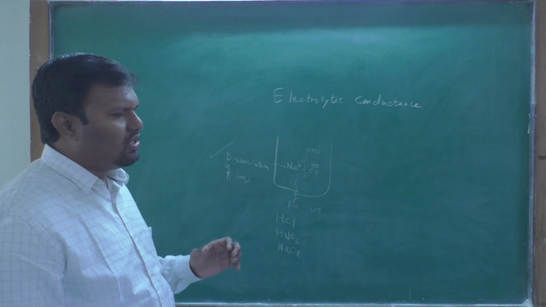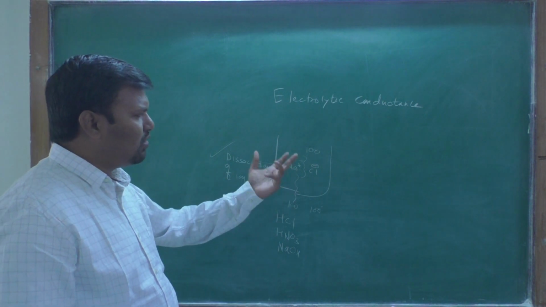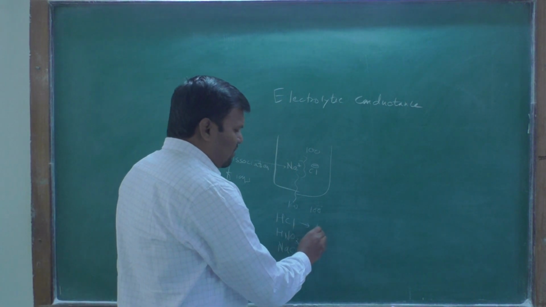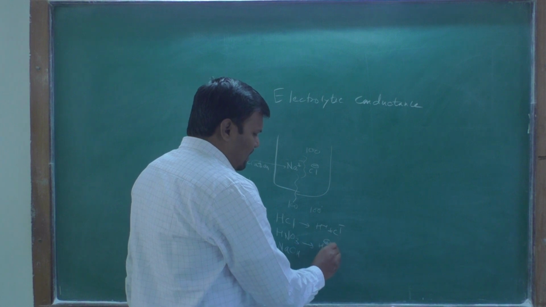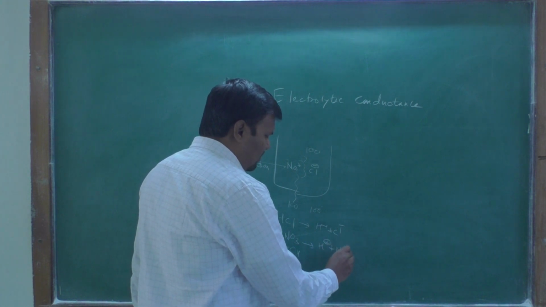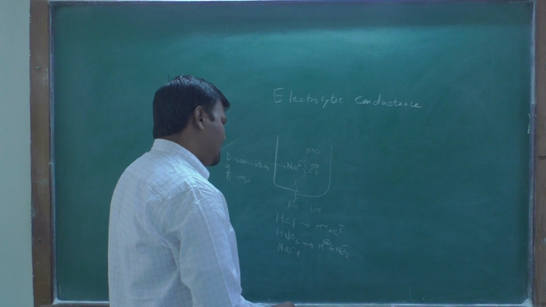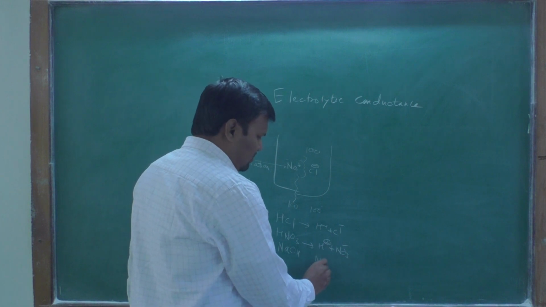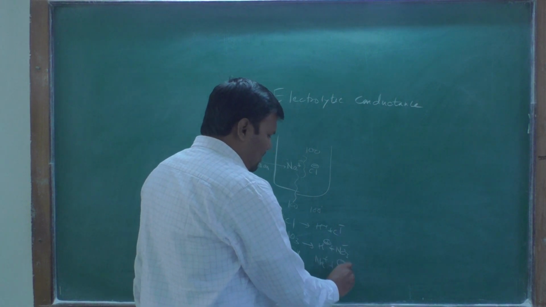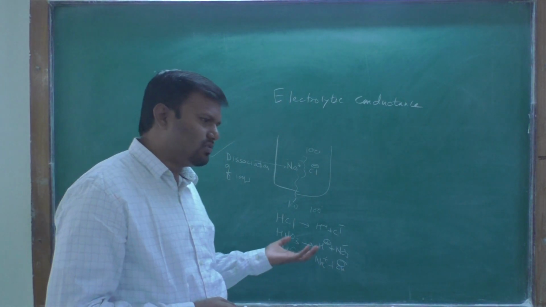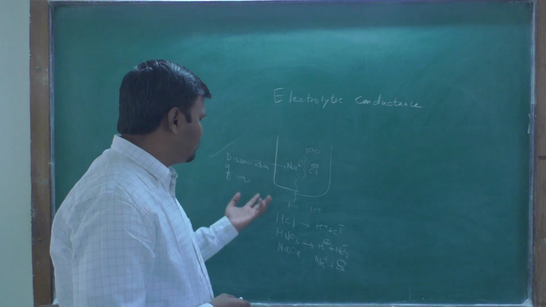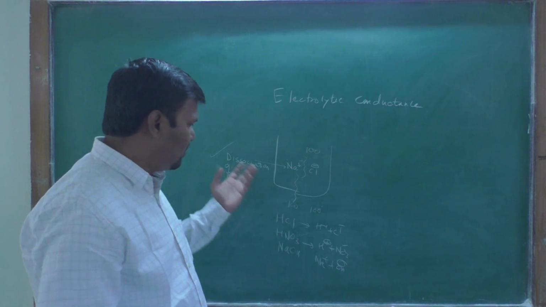If 100 molecules are there, they dissociate completely and give the ions. HCl gives H plus and Cl minus ions, HNO3 gives H plus and NO3 minus ions, and NaOH gives Na plus and OH minus. Like that, a separation of ions takes place, and we have said that the separation of ions is the dissociation.